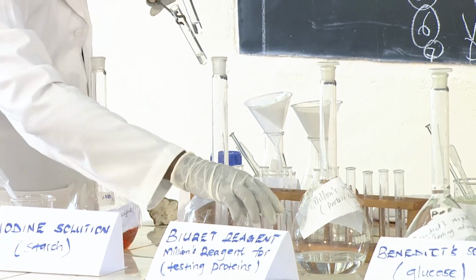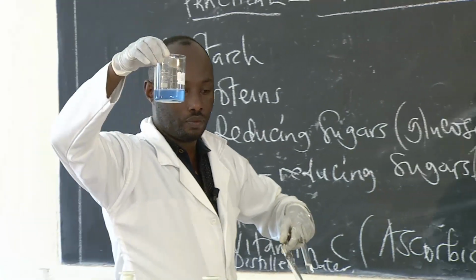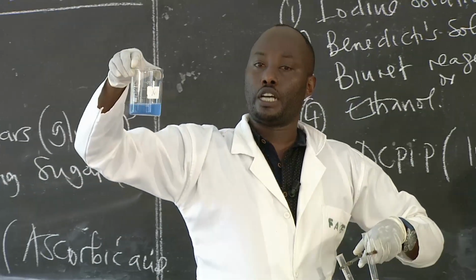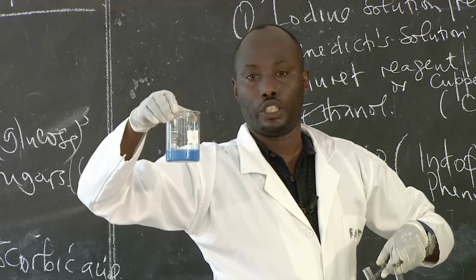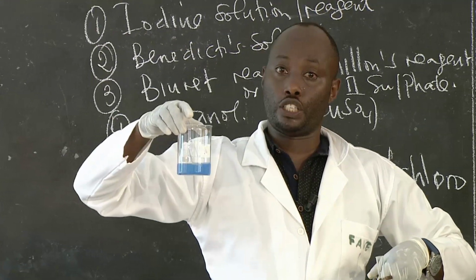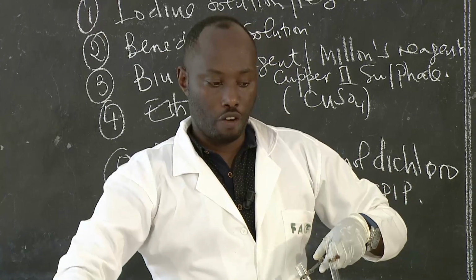Students, before I use the Biuret test, you can see the color of the Biuret reagent. It is blue in color. If the color of the Biuret persists, it means the sample does not contain proteins. But if the color of the Biuret changes from blue to purple, that indicates the presence of proteins.